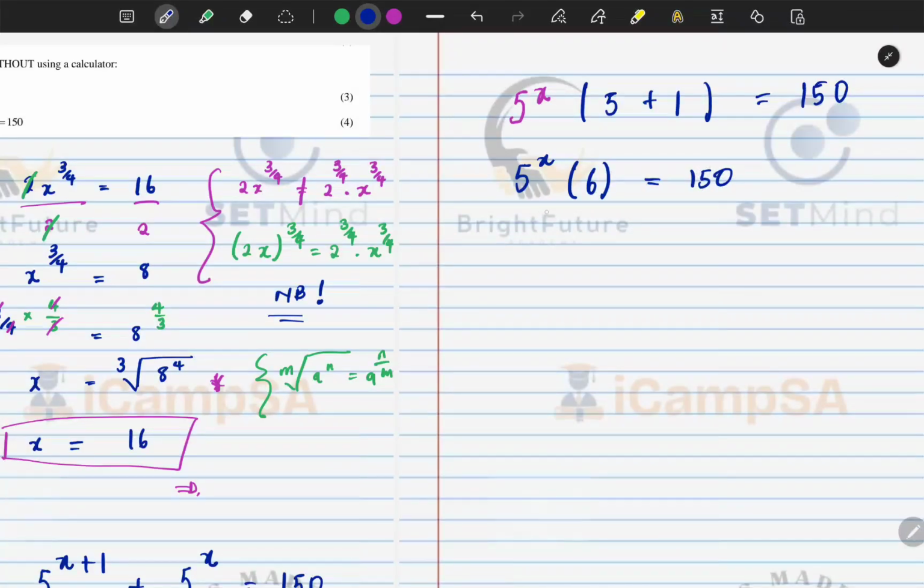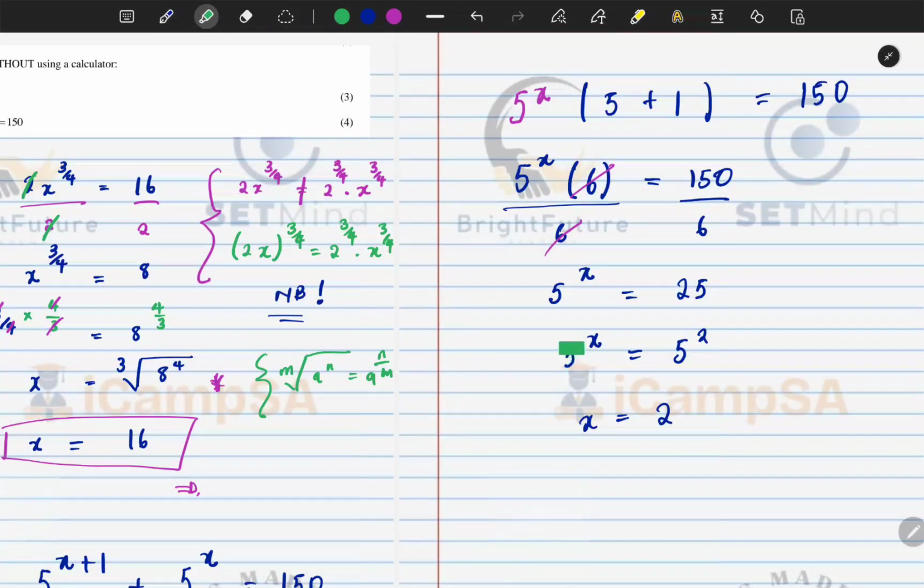When we divide, we divide by 6 on both sides. So now we have 5 raised to the power of x. This and that will cancel each other. 150 divided by 6 is going to be 25. Now you have 5 to the power of x, and you can write 25 as 5 squared, and this is going to give you x equals 2.